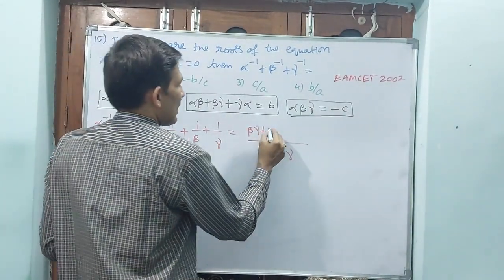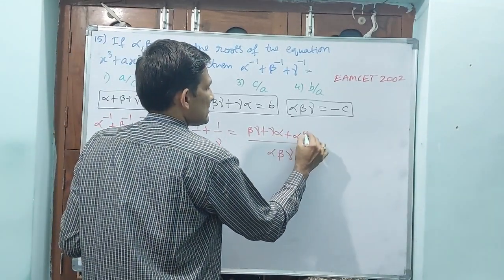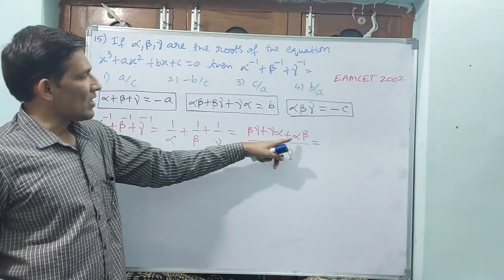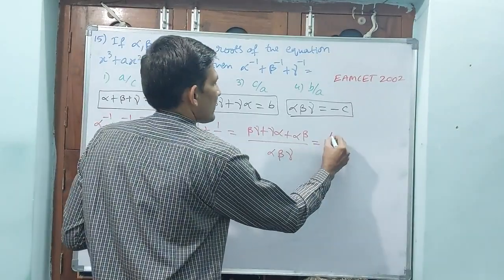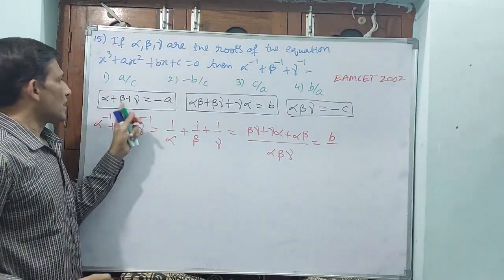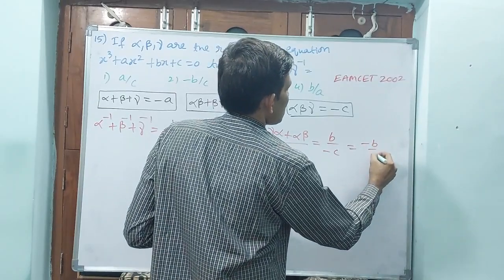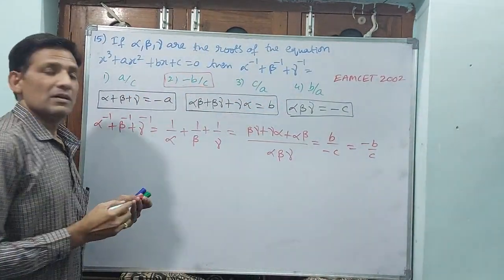Beta is there, gamma alpha. Gamma is there, alpha beta. See what is this: alpha beta plus beta gamma plus gamma alpha, that is B. What is alpha into beta into gamma? Minus C. Or else you can write minus B by C. Understand?